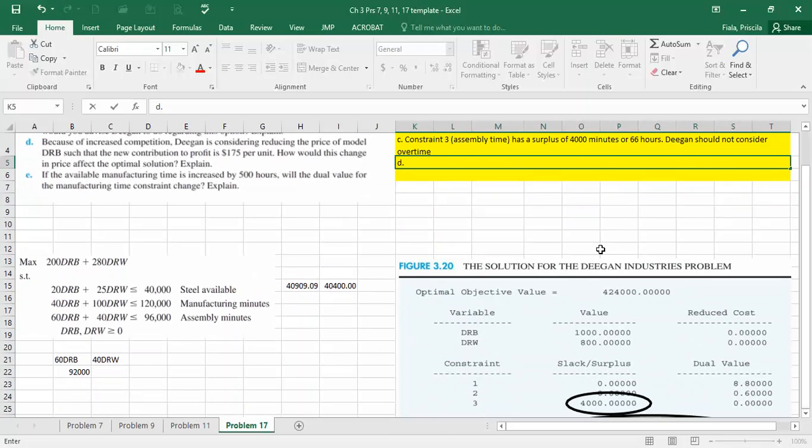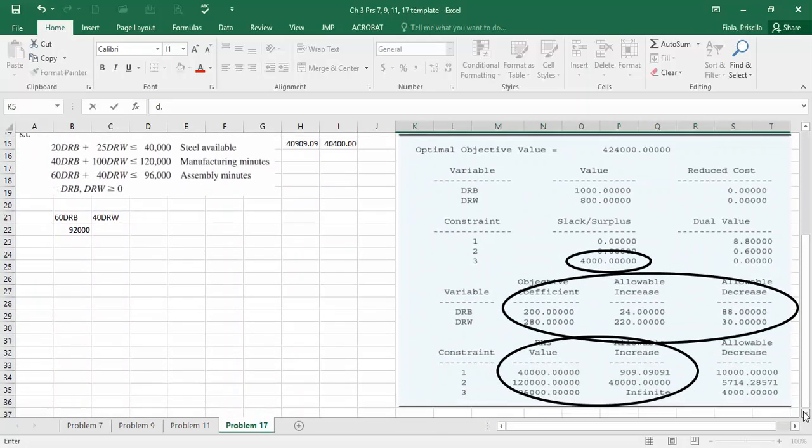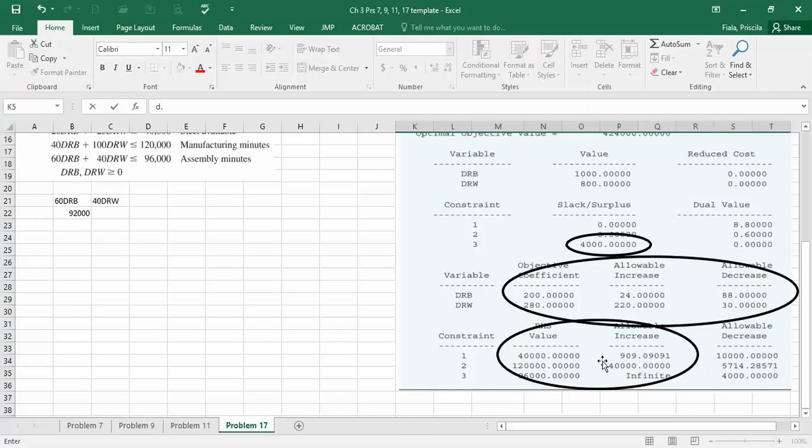So we really need to calculate the allowable increase and decrease. Actually we're talking about the prices. So we are now decreasing 200 to 175, correct?